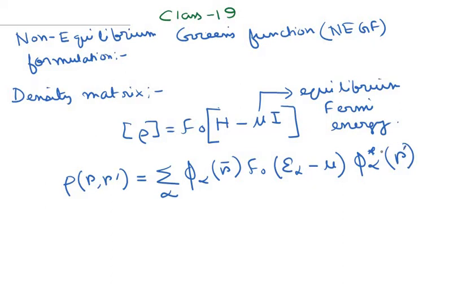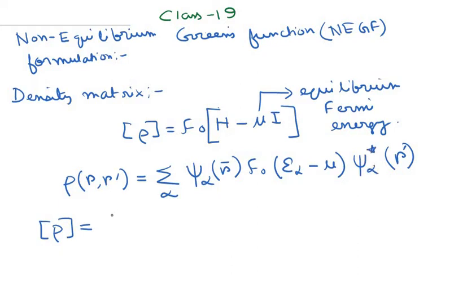So we can readily write the matrix notation. Here I have written an element with row r and column r dash in the space basis. If we write it in matrix notation, this would be written as rho equals, and I will label the eigenstates as psi, because phi I have denoted to label the eigenstates of the contact. So I will write psi alpha here and psi alpha star here.